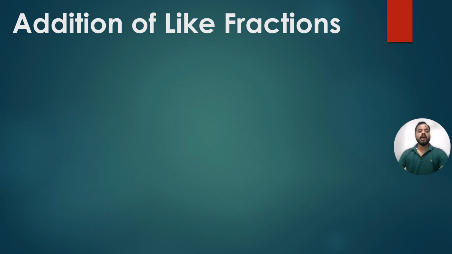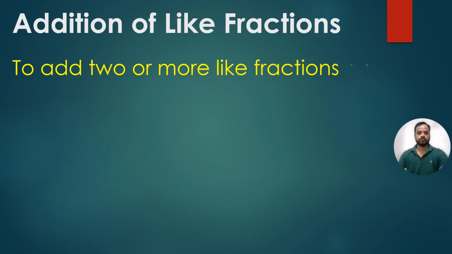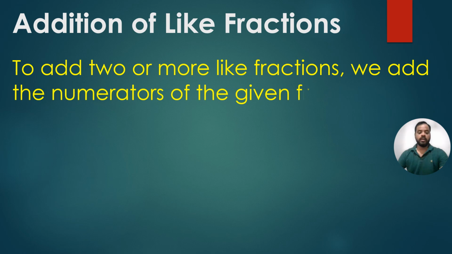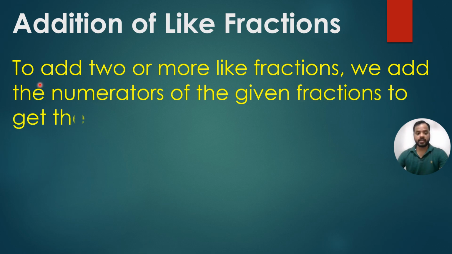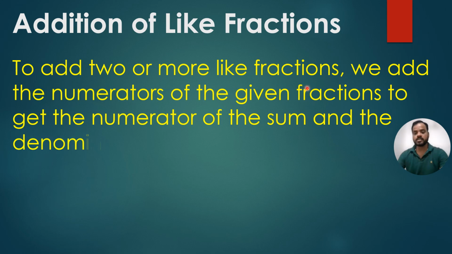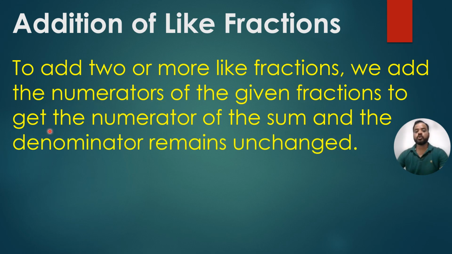Now we will see how to add the like fractions. We will understand addition of like fractions. To add two or more like fractions, we add the numerators of the given fractions to get the numerator of the sum, and the denominator remains unchanged.